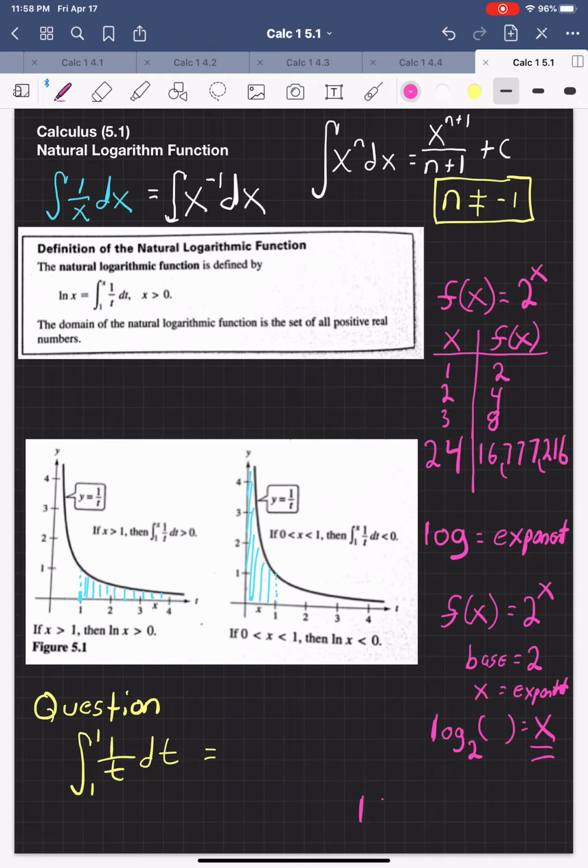For example, base 10, and the next one is base e. I'll talk to you about e in a little bit. All I need you to understand now is that when you have a base of e, you can think about the log of base e.